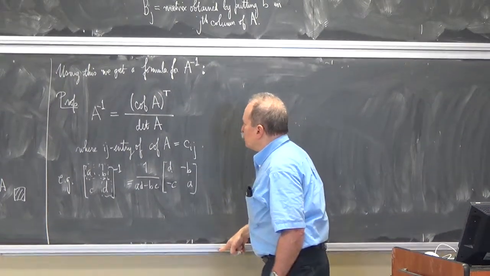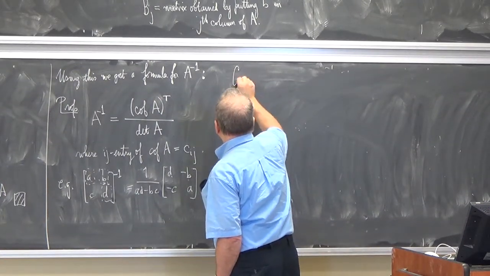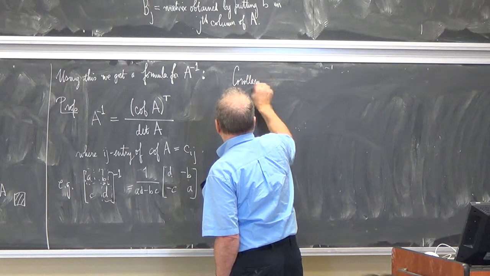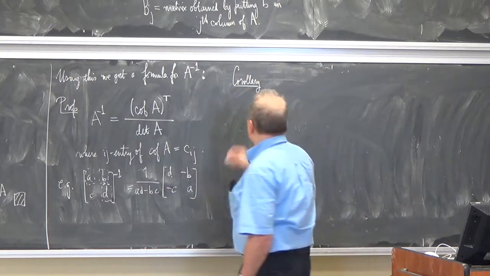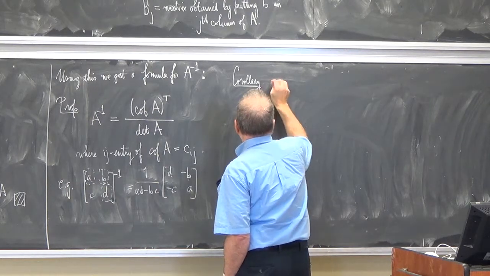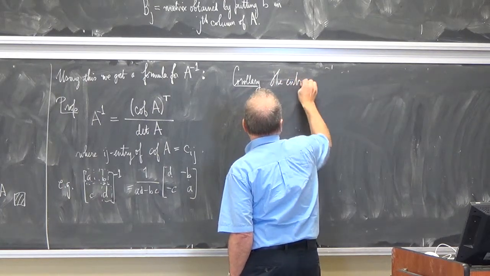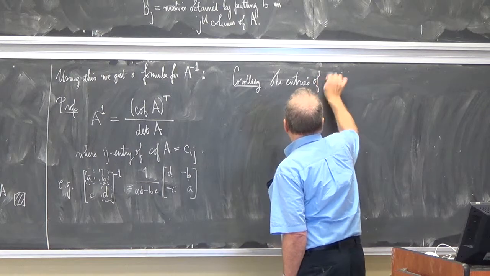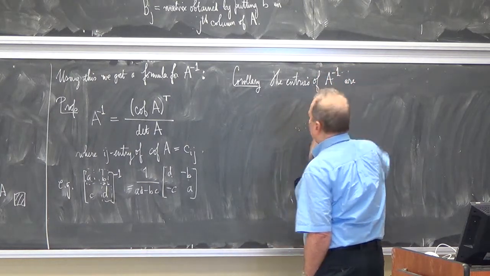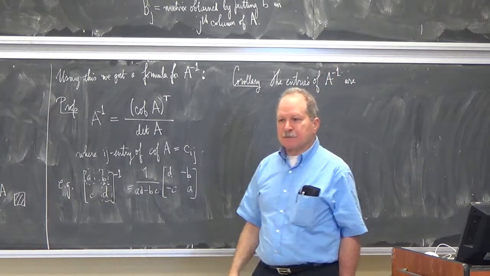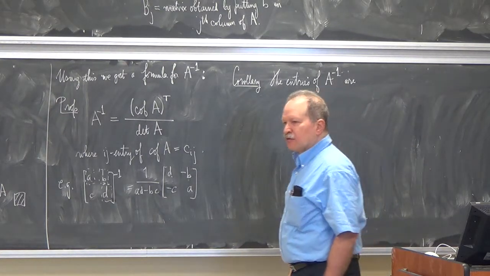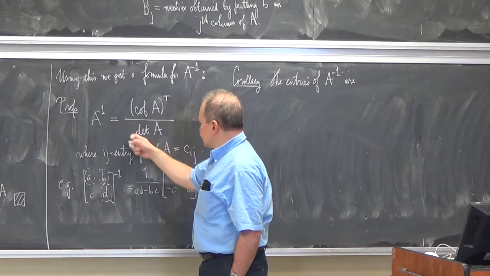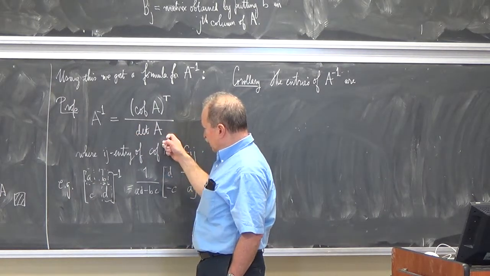Because what does this tell you? Well, it tells you, for example, that the entries of A inverse are what kind of functions of the entries of A. So we haven't perhaps seen this explicitly yet. I'm going to get to this later today.